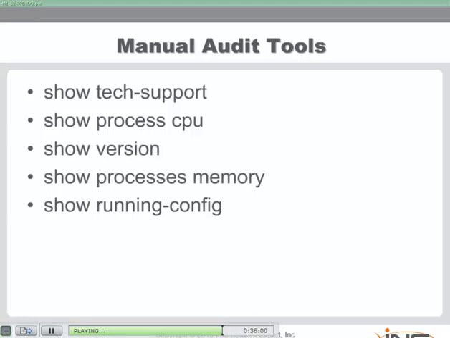So show tech support, show processes CPU, show processes memory, show version, show running config, all great commands that we saw there at the command line that are built into our Cisco devices. There are also great network management tools out there that you can utilize to assist you in performing this network audit. We've mentioned CiscoWorks.